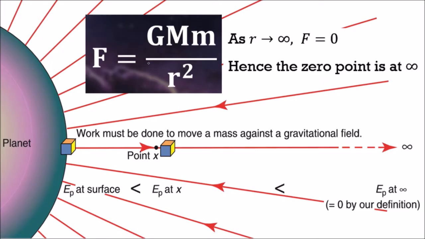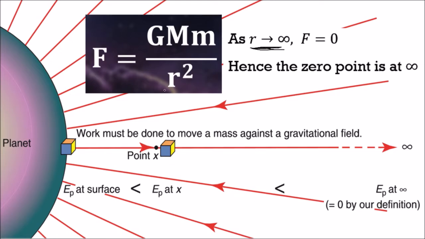Okay, so this is where we need to look into Newton's law of universal gravitation, right? So force equals big G, big M times m over r squared. Now, if we use this simply in terms of the mathematics, when the radius of separation between the two objects is incredibly far, so towards infinity, the larger r gets, the closer F approaches 0.